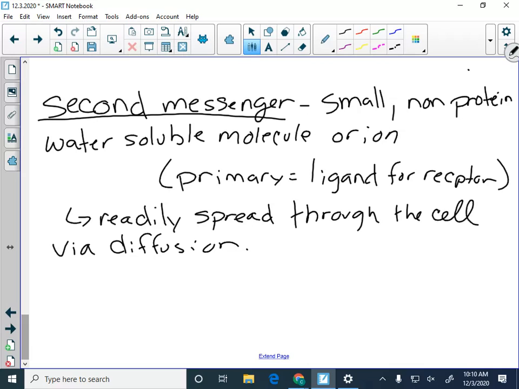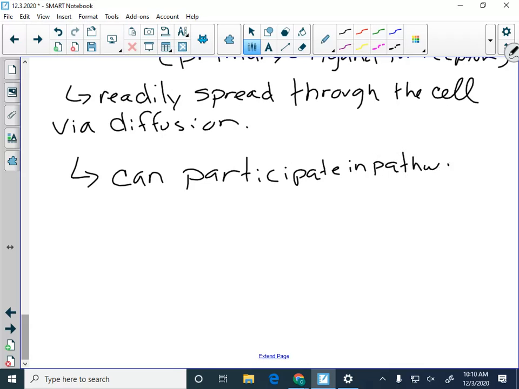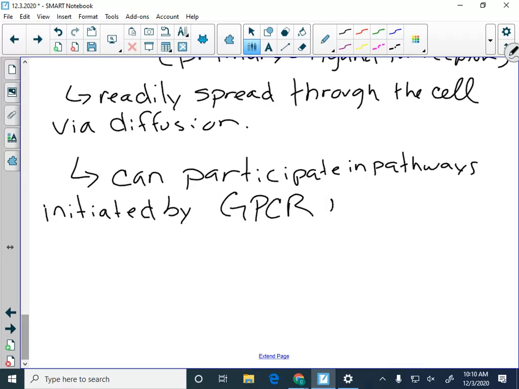And they can participate in pathways initiated by G protein coupled receptors and receptor tyrosine kinases.